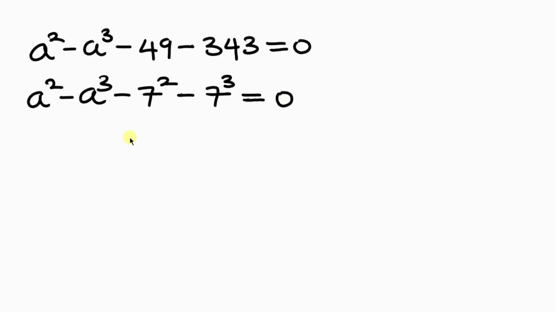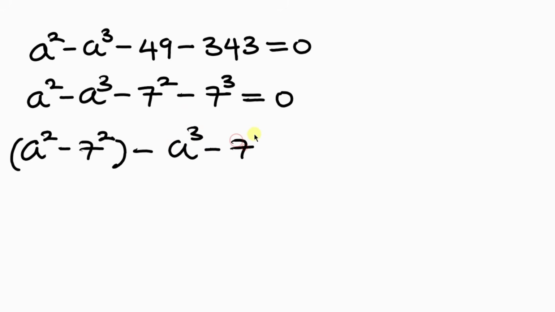Now let's group these terms together. The terms with squares should be grouped together, while the terms with cubes should be grouped together. So we have a squared minus 7 squared. So this should be grouped together. Then we have minus a cubed minus 7 cubed.